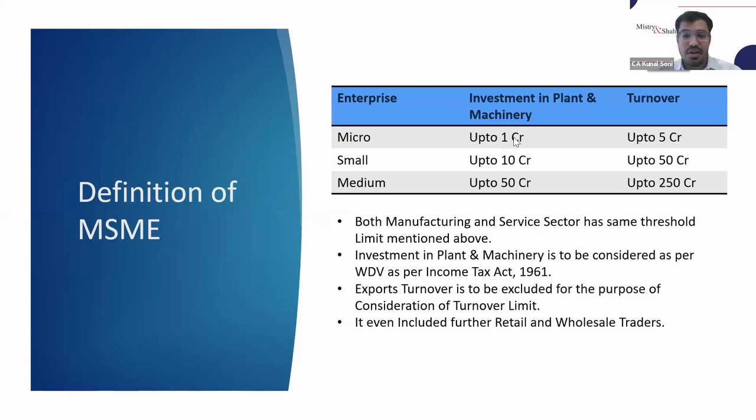That is investment in plant and machinery up to 1 CR and turnover up to 5 CR. Now, if any one of the same exceeds, then in that particular case, you would fall into the next category. So it is mandatory that both the things are simultaneously being complied with. So your criteria would be updated if it falls in a different block.